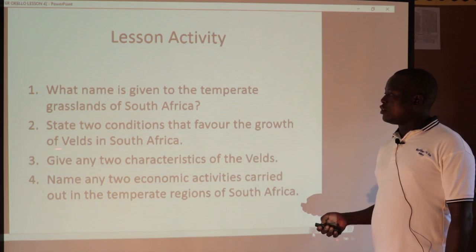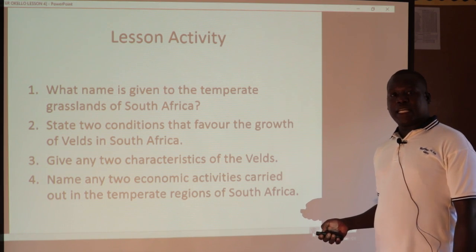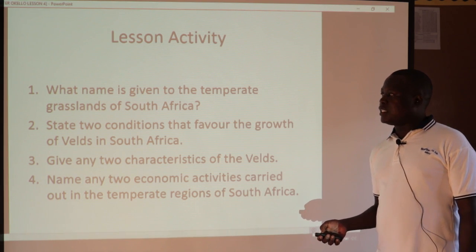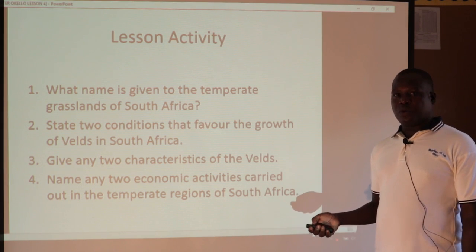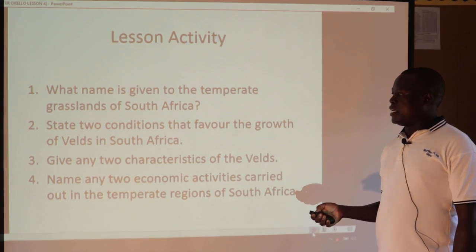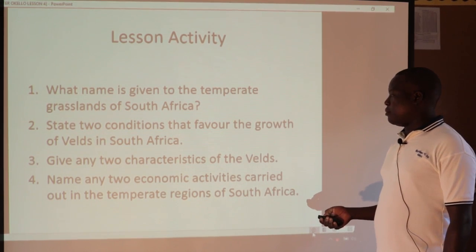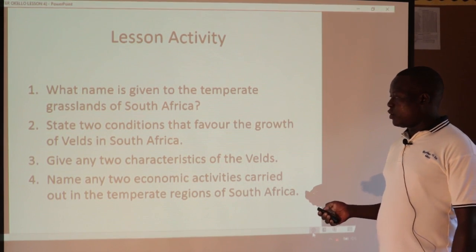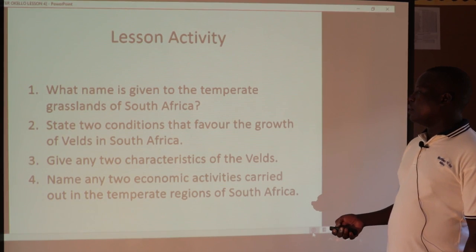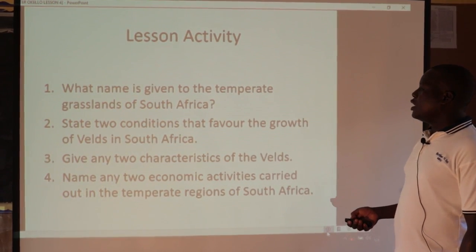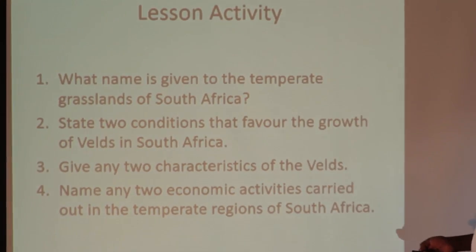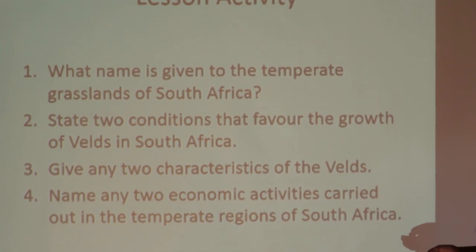We have also looked at the characteristics of the veldts, and in your notes, if you have forgotten them, go through them, master them, and pick the 2 and write them there correctly, with correct spelling. Our last question is, name any 2 economic activities carried out in the temperate regions of South Africa.